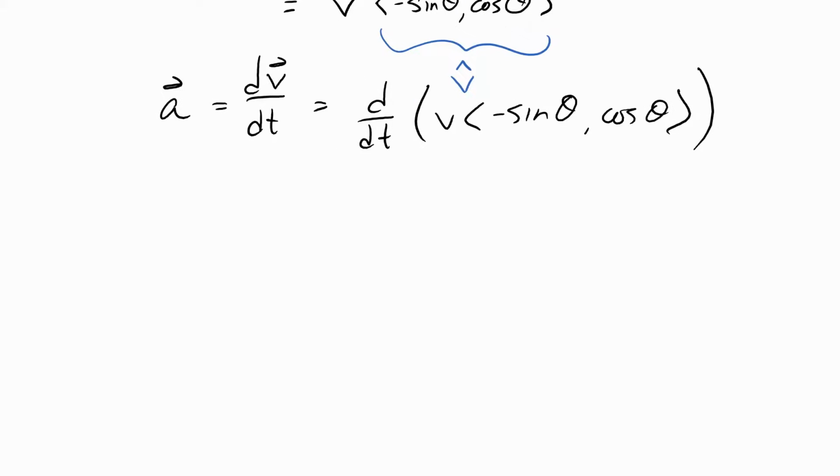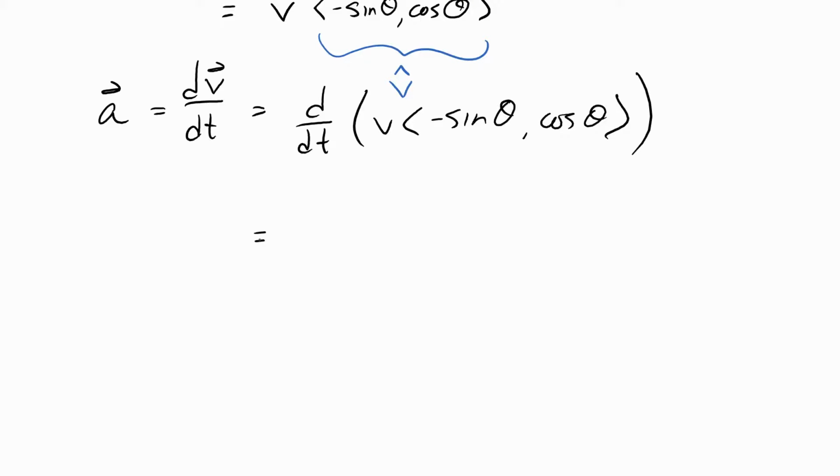Now you might get worried that I'm going to have chain rule shenanigans, but we said this was uniform circular motion, so v is a constant. So all I'm doing is hitting my unit vector here, this minus sine theta cos theta, with a derivative. And that's going to pull out just like before.